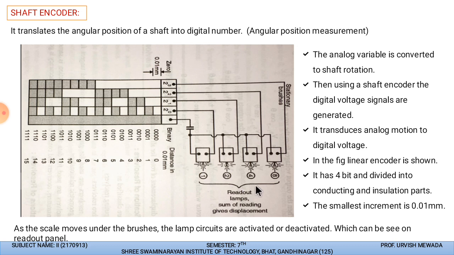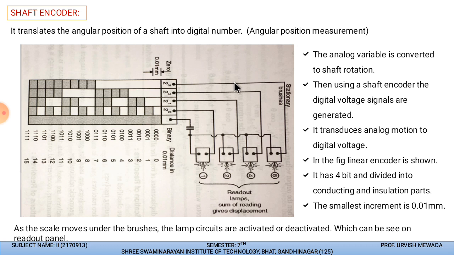In this figure, generally this is the linear encoder. The plate moves linearly, but it converts the angular position into a digital number.